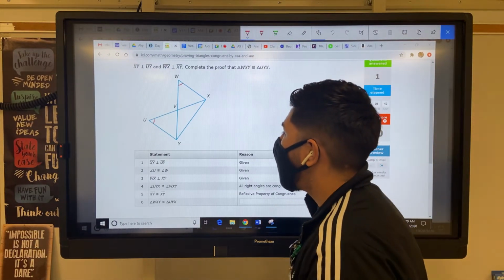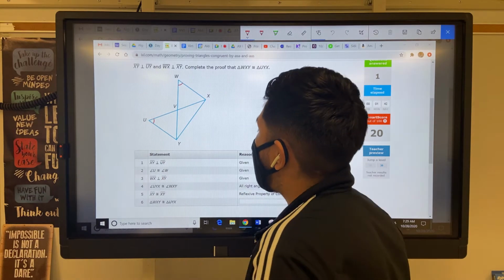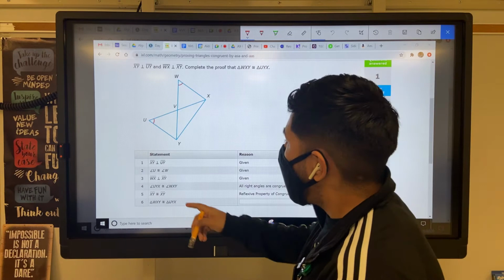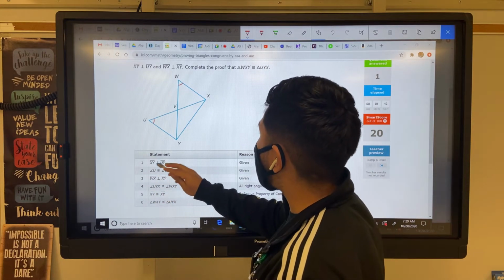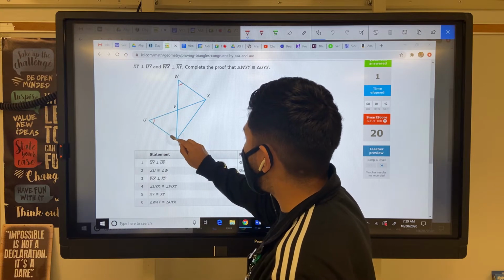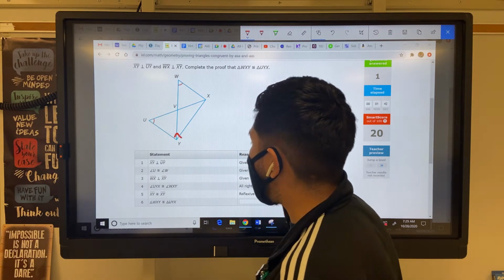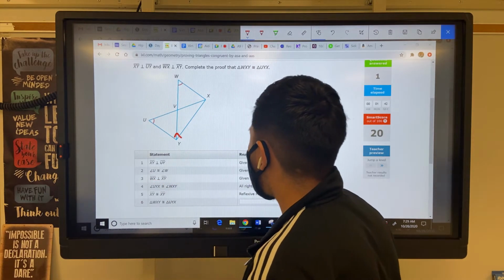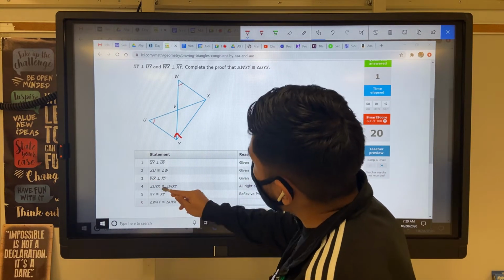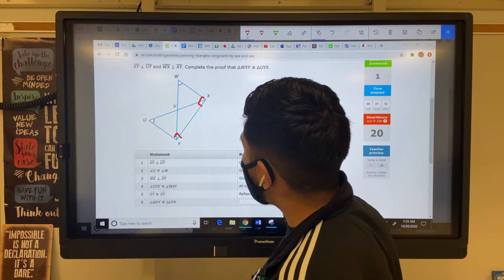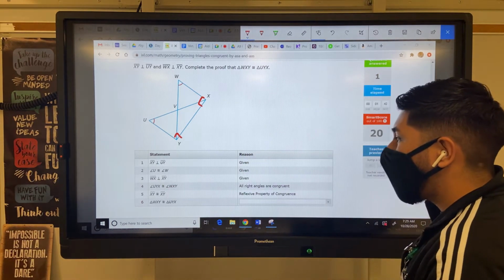All right. XY is perpendicular to UY. So that tells me this whole angle is 90 degrees. Angle U is the same as angle W. That's already given. WX is congruent to XY, so this is also 90 degrees.